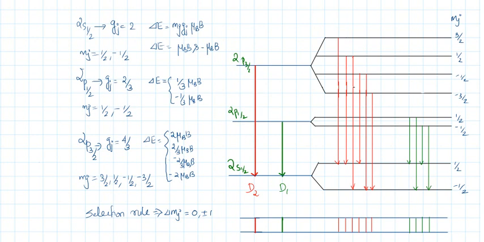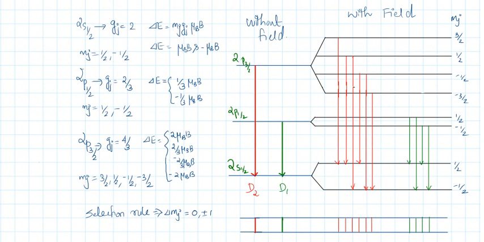So this is with magnetic field. This is without magnetic field. Without magnetic field, the sodium has two lines, D1 and D2. But with magnetic field, this D2 line will split into 6.